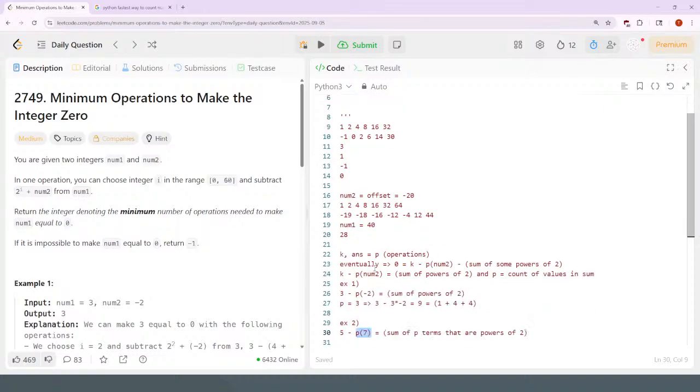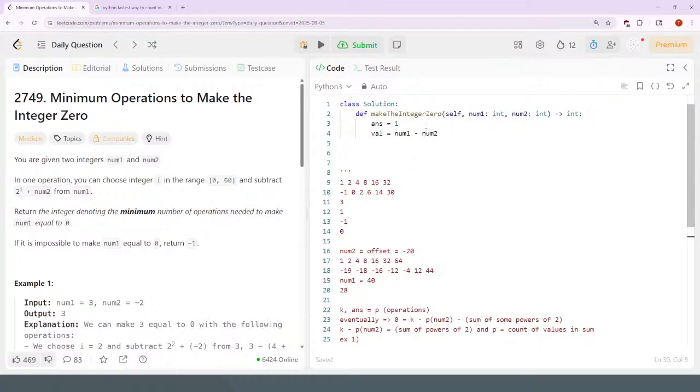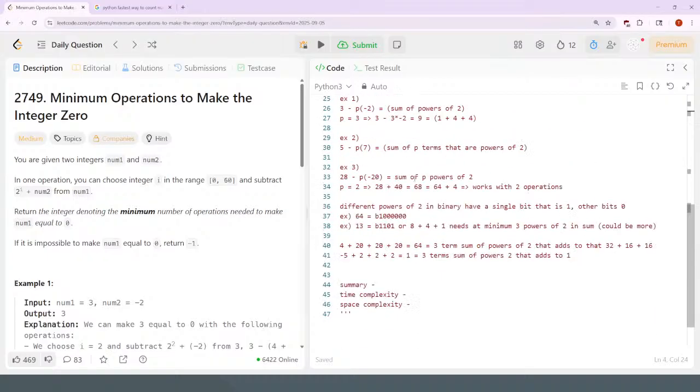If this number isn't positive, then there's just no way, well, that's not true. Okay, num2 is how much I'm decreasing by, p times num2.